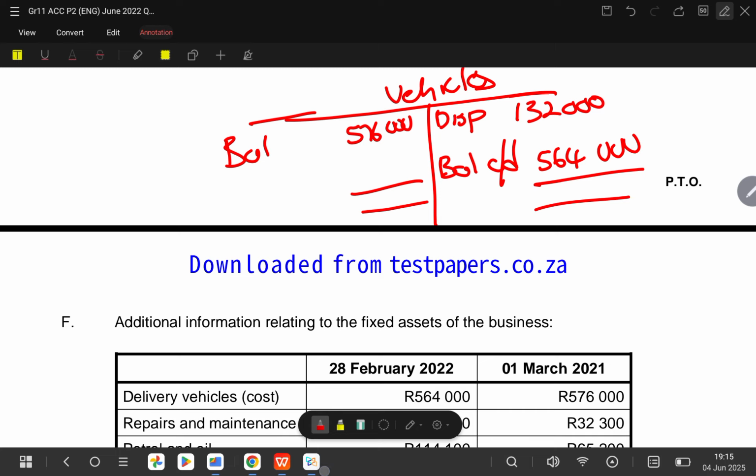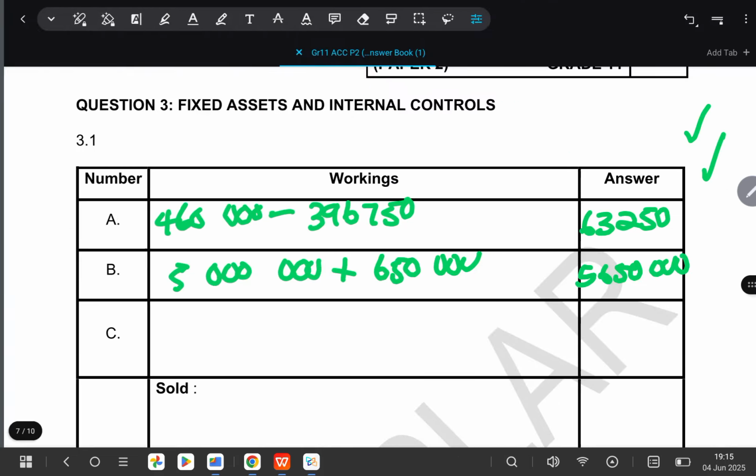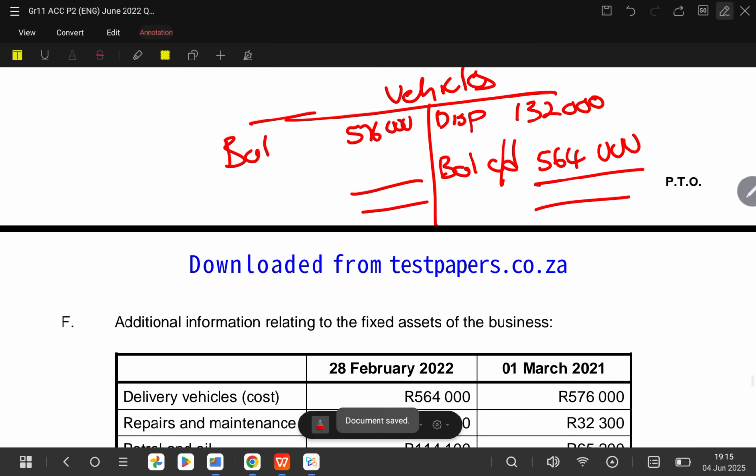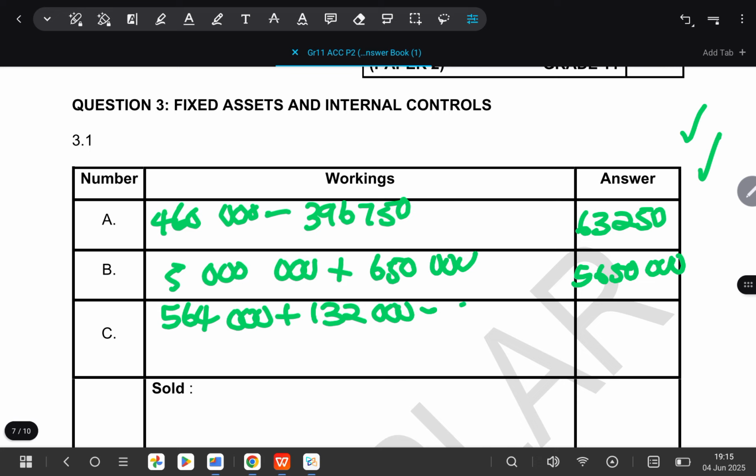So it means when you do that calculation, you will say 564,000, you add back your 132,000, and then you minus your balance at the beginning, which is 576,000. Okay, remember, bottom up will want you to do the opposite.